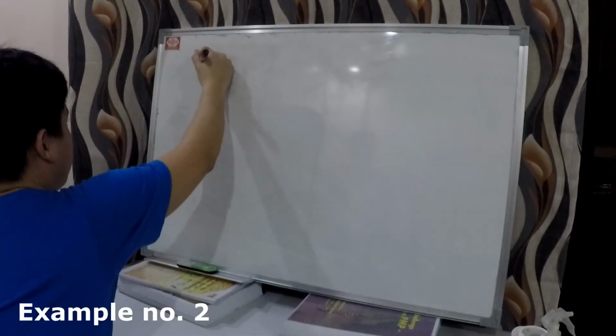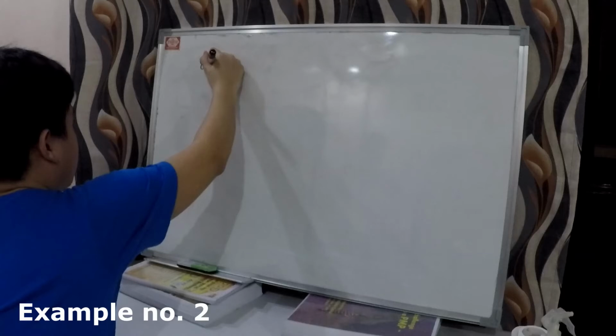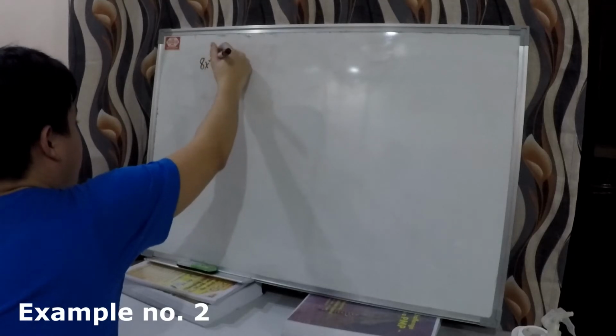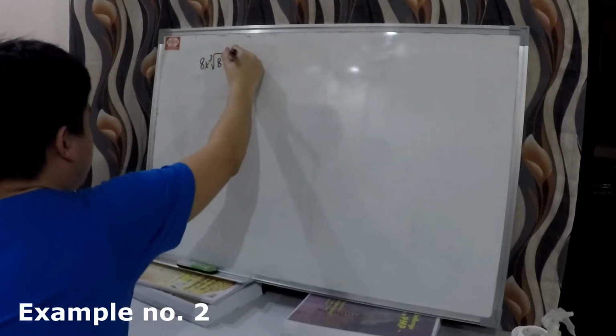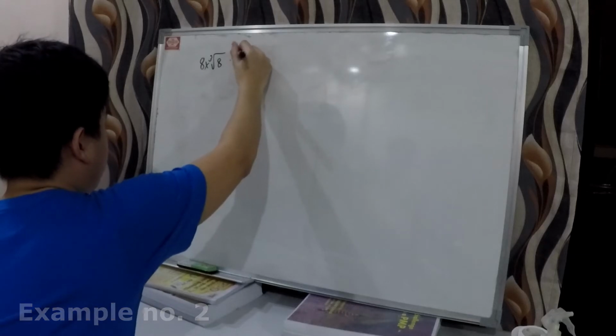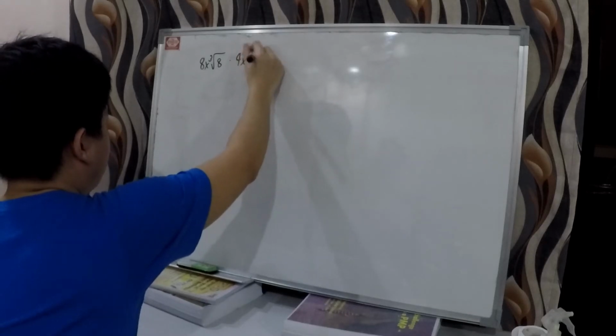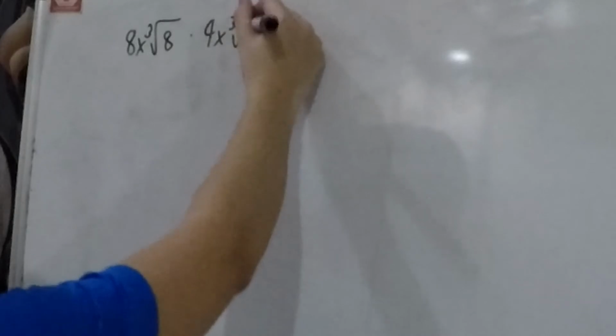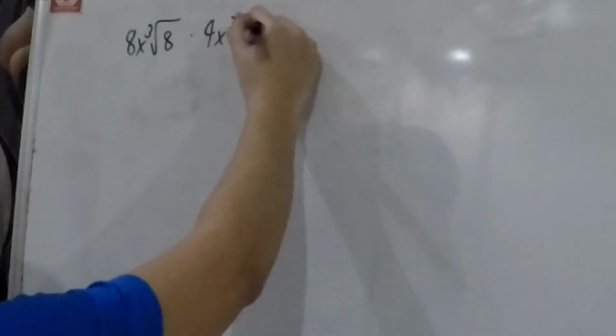For our next example, we will be multiplying radicals. We will be multiplying 8x times the cube root of 8 by 4x times the cube root of 2.